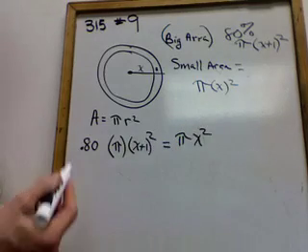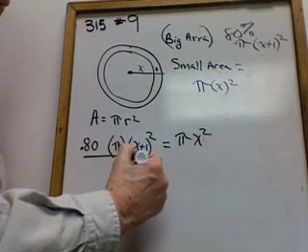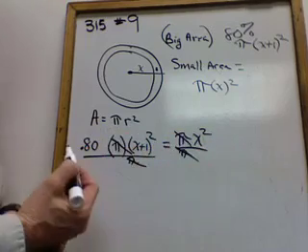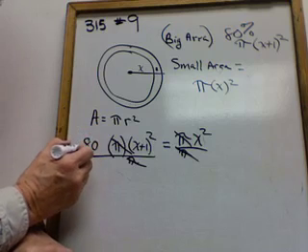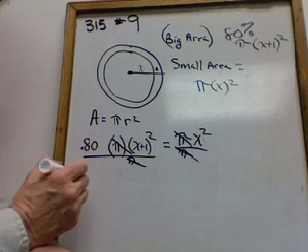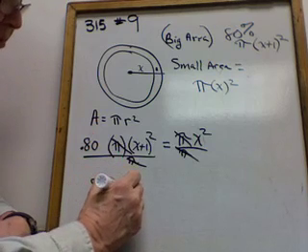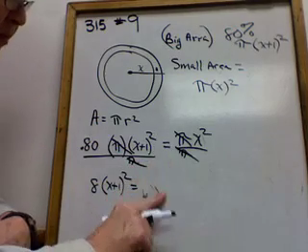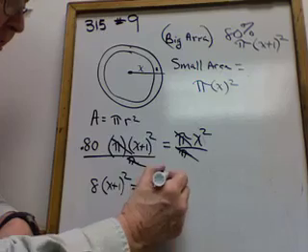Now, it looks a little bit messy to solve this, but I noticed that I could divide both sides by pi, and that is now gone from the problem. And I can multiply both sides by 10 to get this to be a whole number, so let's do that. So 8 times x plus 1 squared equals, what did I multiply by? 10. 10 times that side is 10x squared.